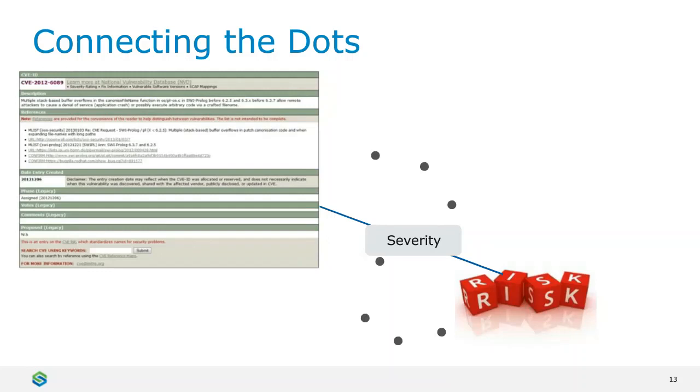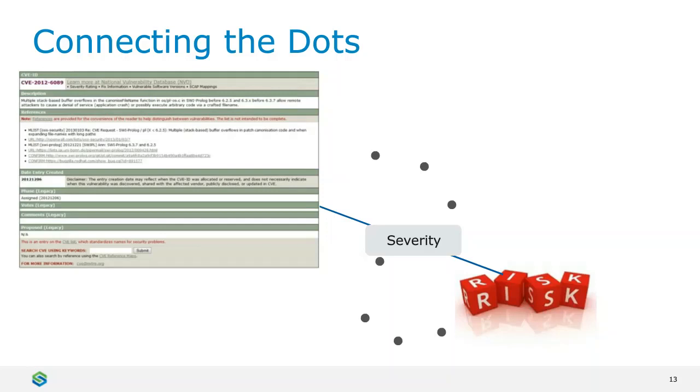That is not an intelligent way of working out, should I fix this vulnerability first, because it's the most risky to us. It's got the biggest impact to our business. The CVSS score, the severity of the vulnerability, is just not enough information.